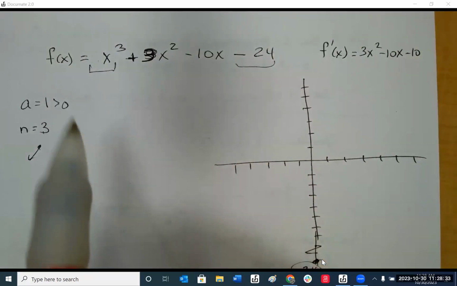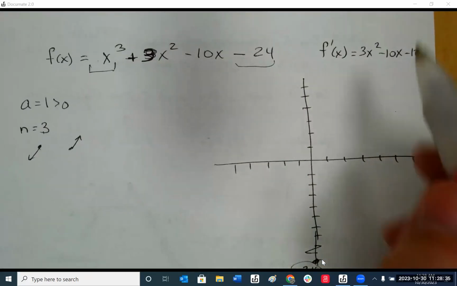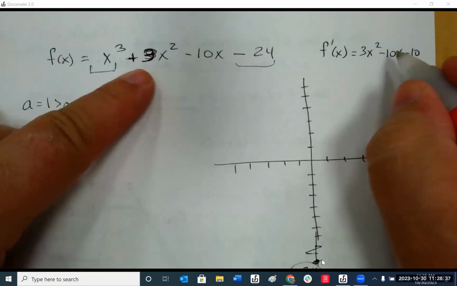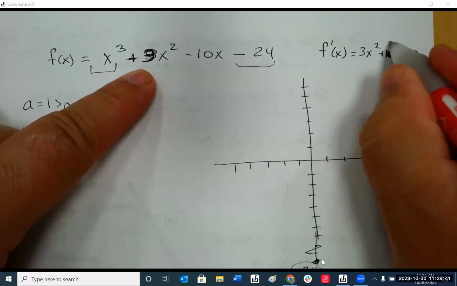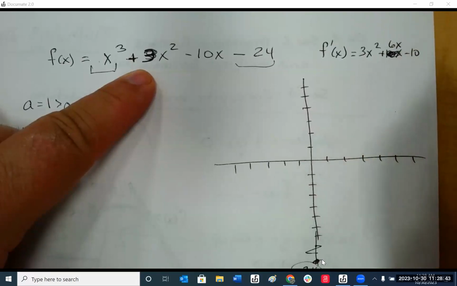So this derivative is not going to give us 10x, it's going to give us positive 6x in the middle and negative 10.